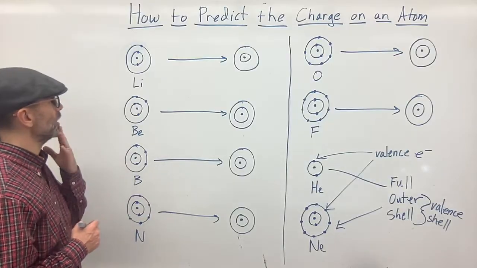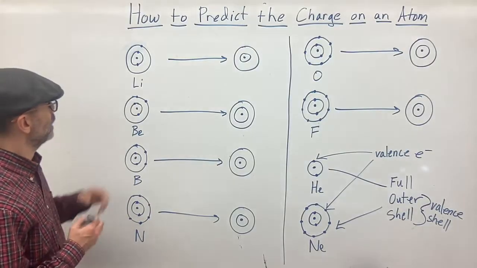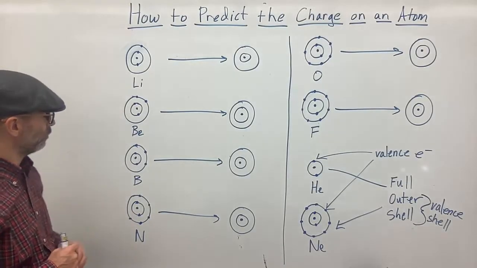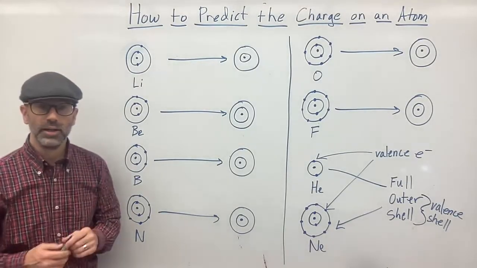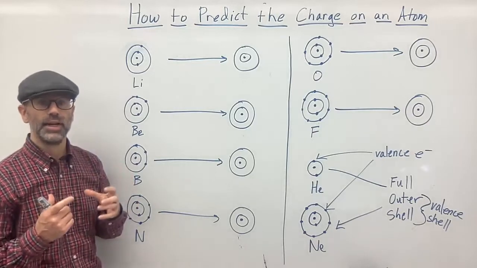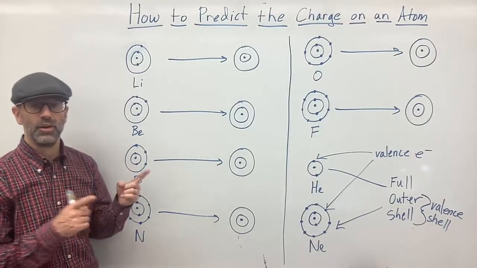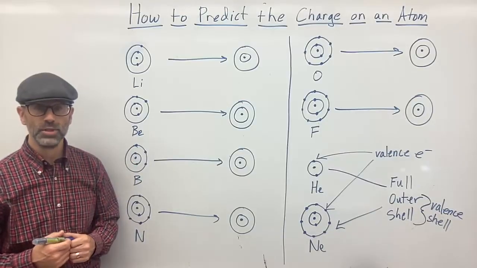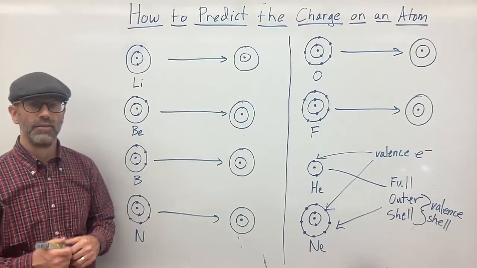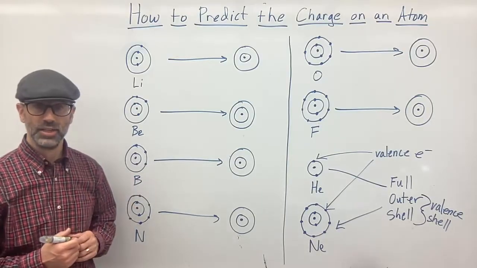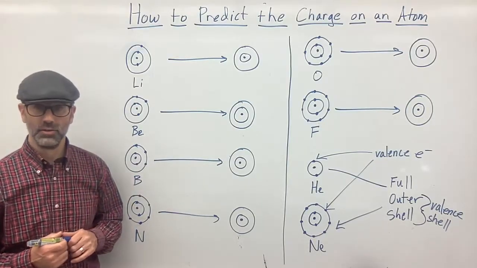What's important is to see that each atom has a certain number of electrons in it. We learned that if we're assuming a neutral atom, the number of electrons is equal to the number of protons. So if you have 8 protons in your nucleus, to balance that charge, you need 8 negative electrons.